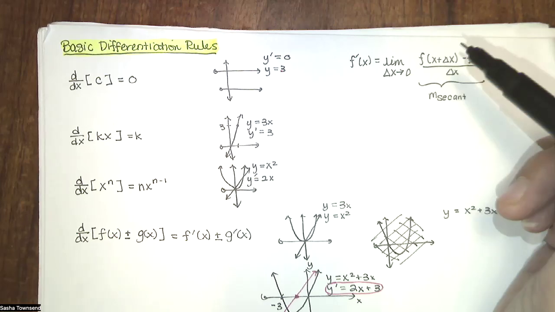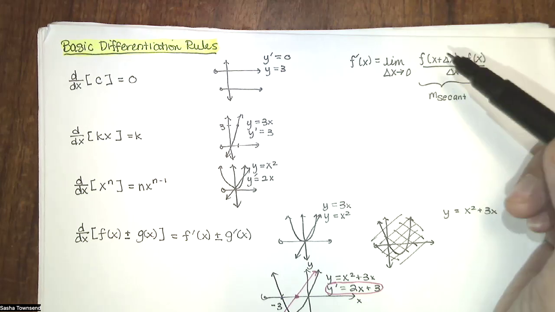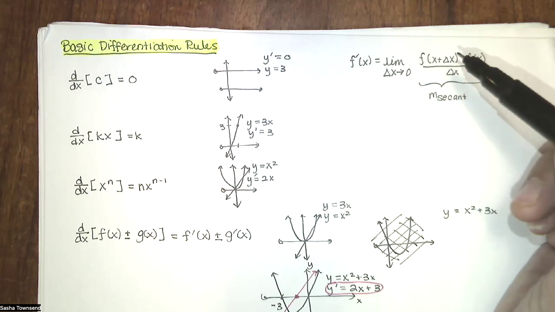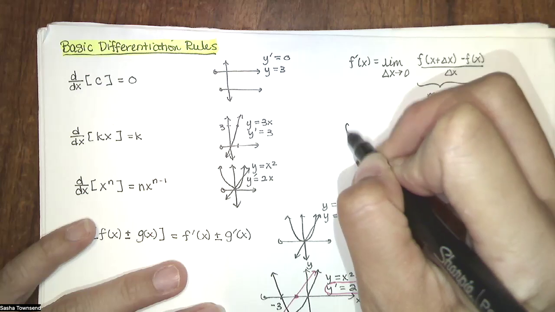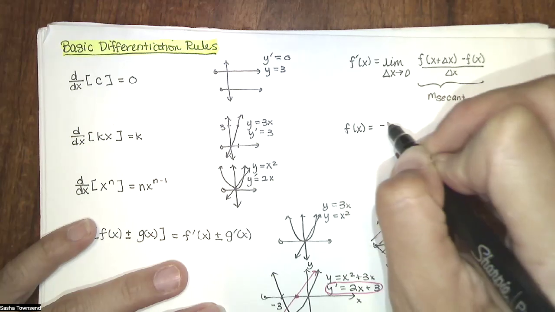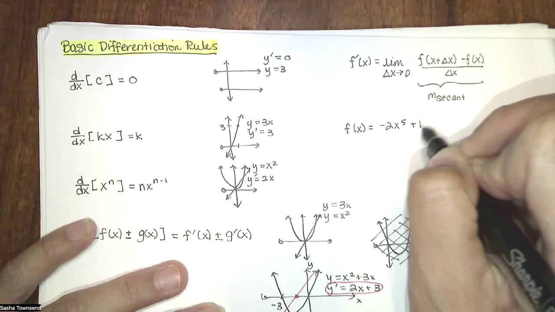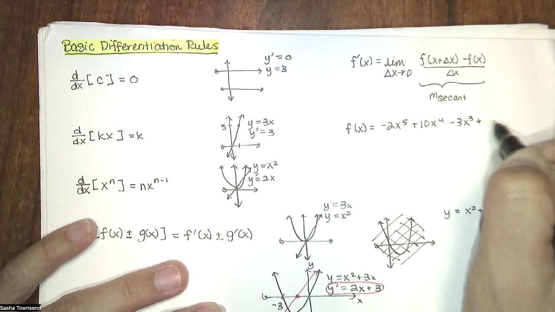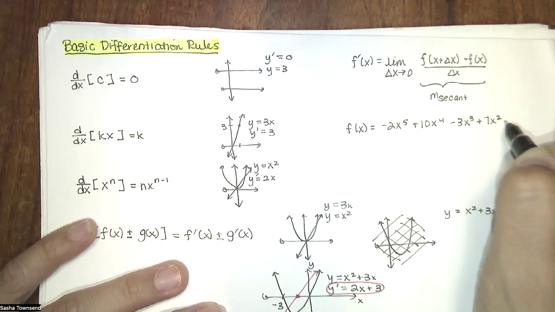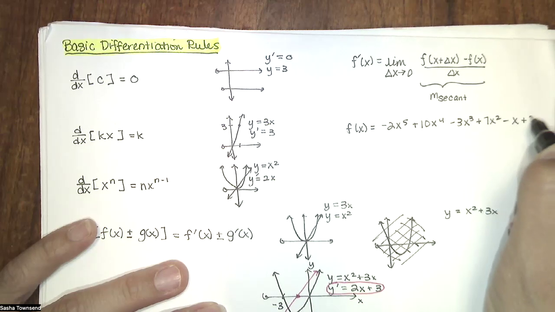Actually, applying that definition of the derivative can be kind of a pain, especially if our function has a lot of terms. Let's say we had f of x equals negative 2x to the 5th plus 10x to the 4th minus 3x cubed plus 7x squared minus x plus 2.